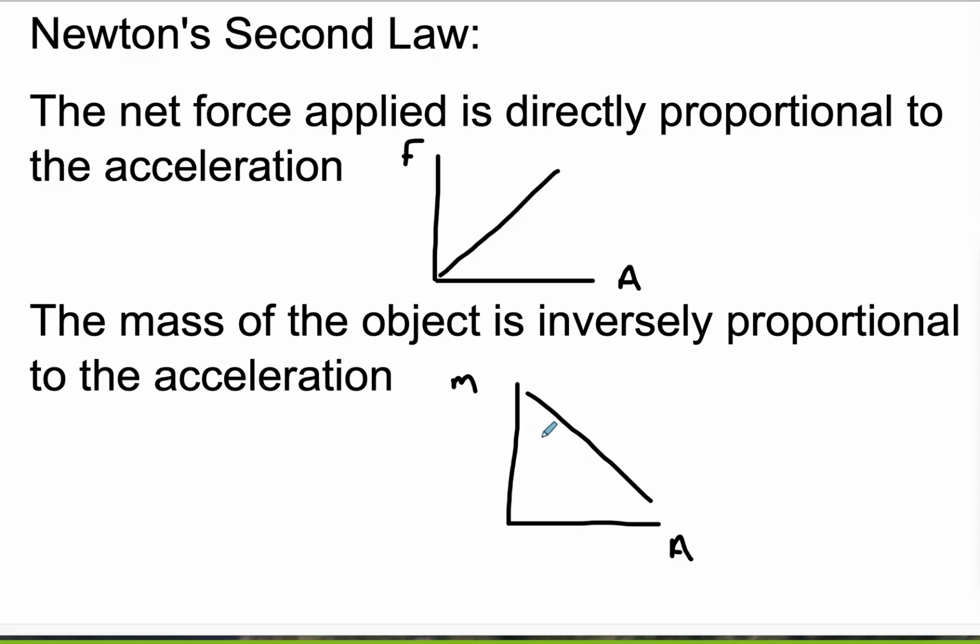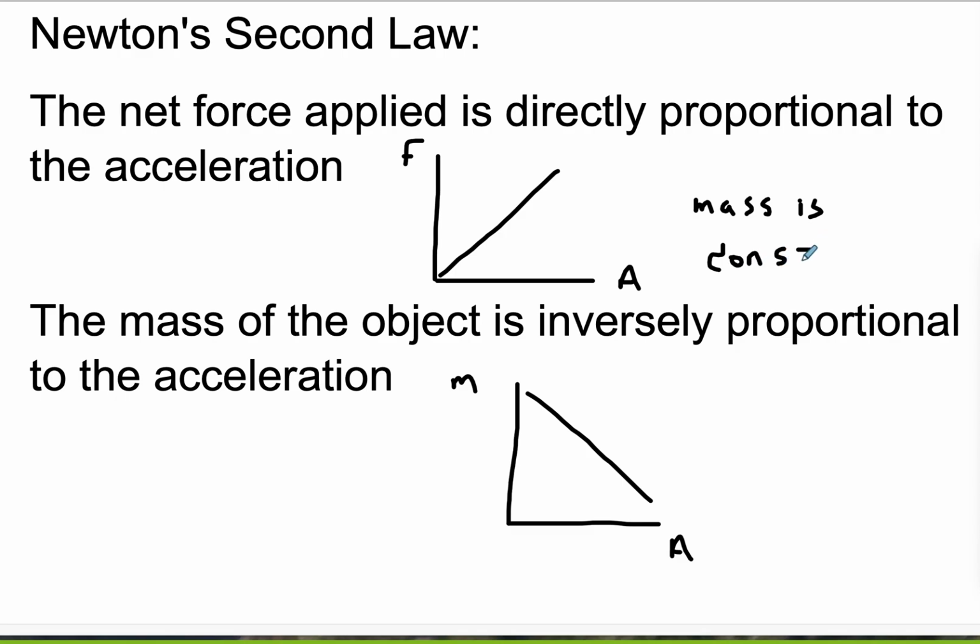Now, I'm going to point out too that for this relationship to be true, force and acceleration, we're keeping the mass constant here. So for here, the mass is constant. Let's say that I have a shot put that I want to throw.